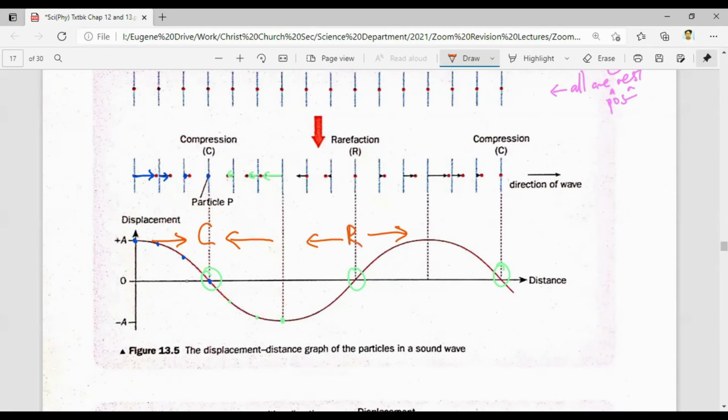That's one way you can try to interpret this. But do take note, the compression is not here, the rarefaction is not here. Instead, for the displacement distance graph, the compression is actually at the rest point, the rarefaction is actually at the rest point. You need to decipher what this line means.